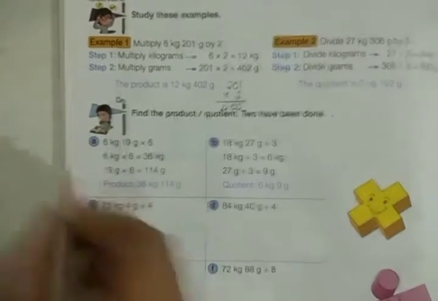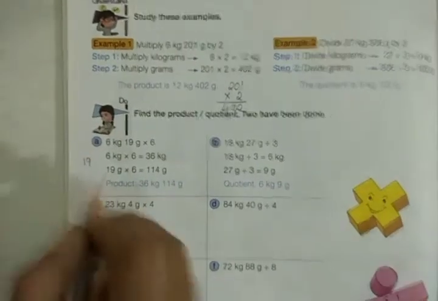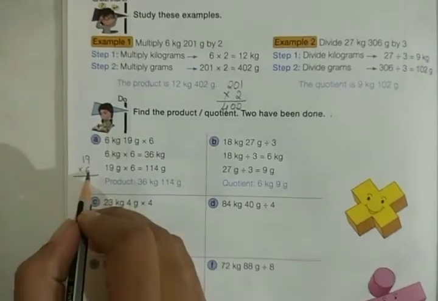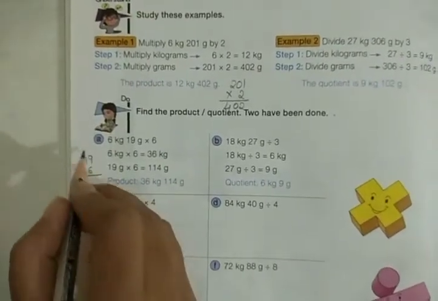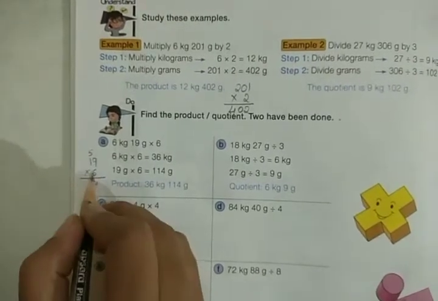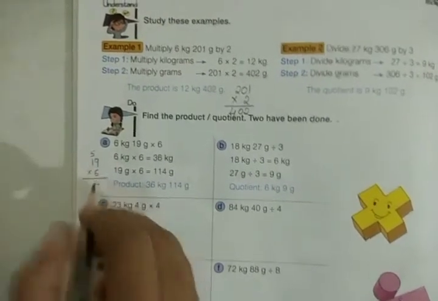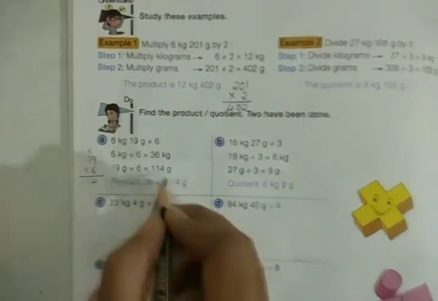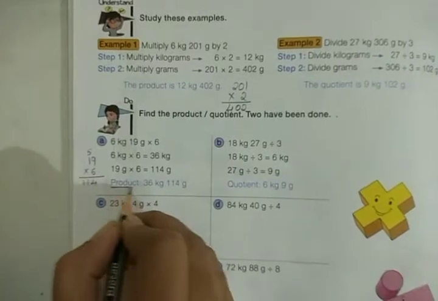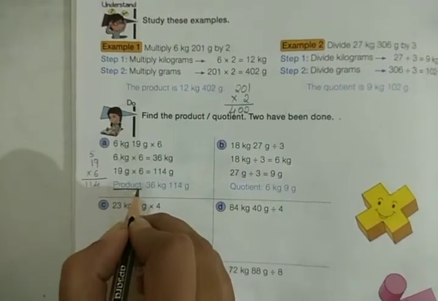You have to do it in your rough book and solve. 6 9s are 54. 6 1s are 6, 6 plus 5 is 11. 114 grams.